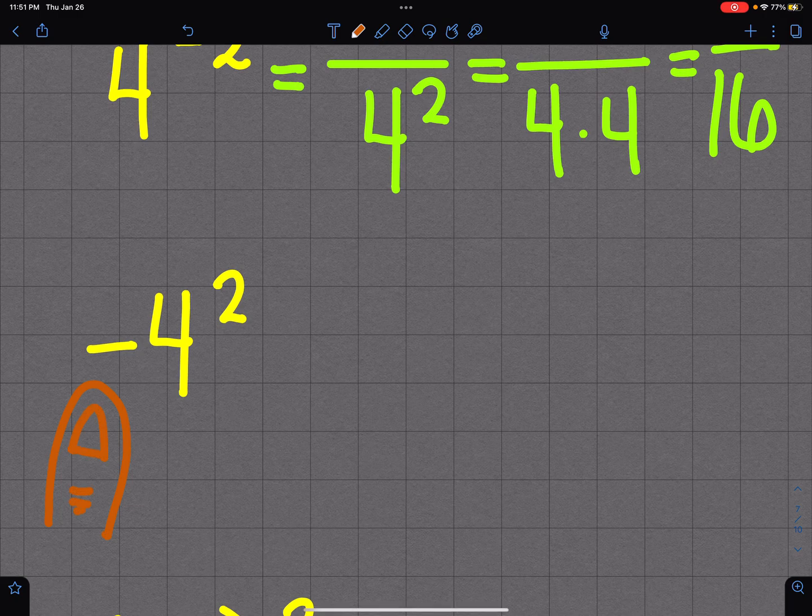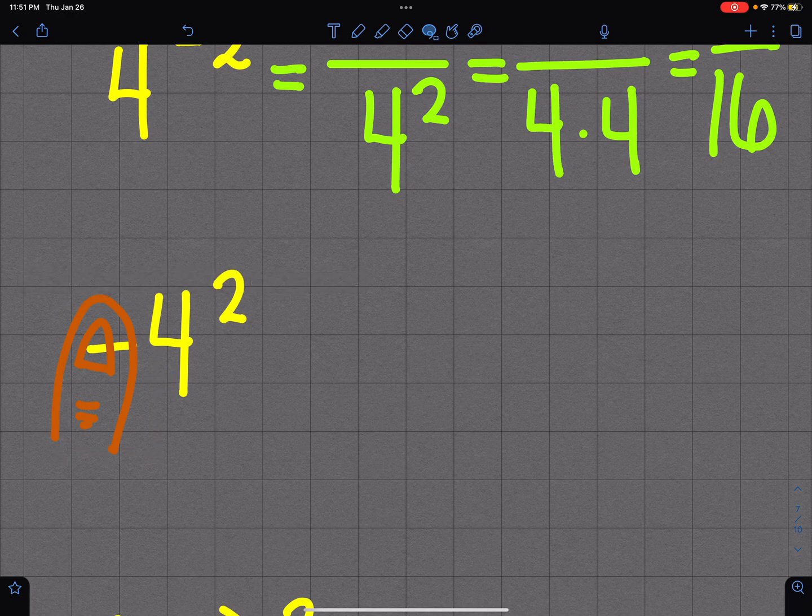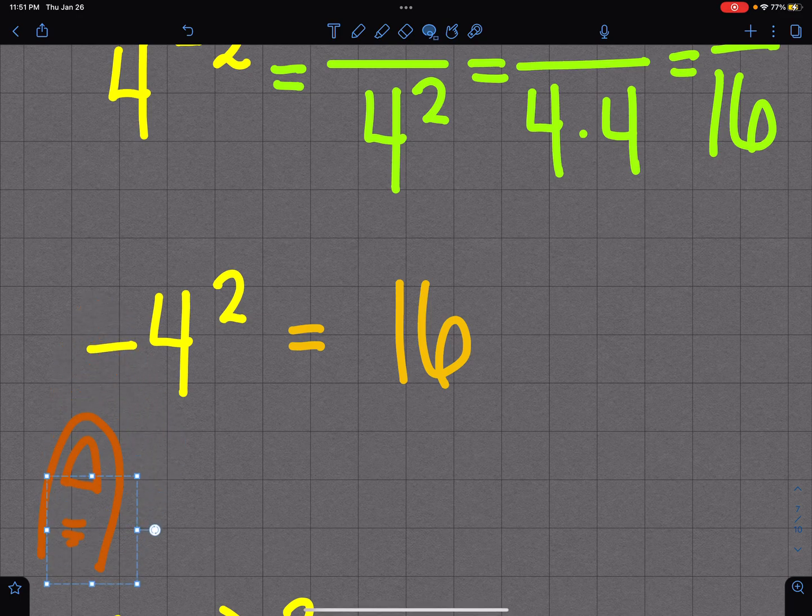Okay, now we take your finger and we cover that negative sign. Just kind of pretend it's not there, because that means the opposite of. So if we pretend it's not there and pretend that this is just 4 squared, we remember what that is. That's a 16. And then we move our finger away and we say, well, if the answer to that is 16, then the opposite of that is negative 16.